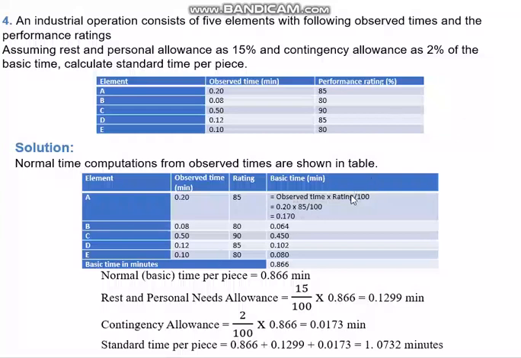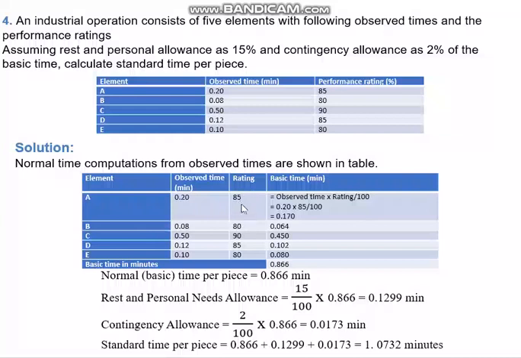If the rating is given as a percentage, you have to divide by 100. Now the first element: observed time is 0.2 minutes and the rating is 85.